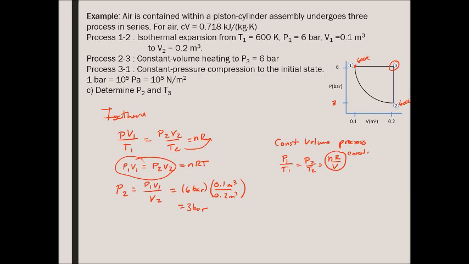So we'll rearrange it again: T2 is equal to P2 over P1 times T1. So we have 3 bar over 6 bar times 600 K. Now we get 300 K. So this point must be at 300 K.